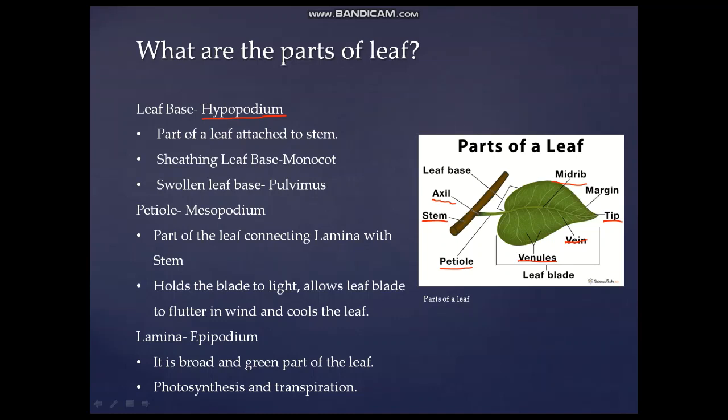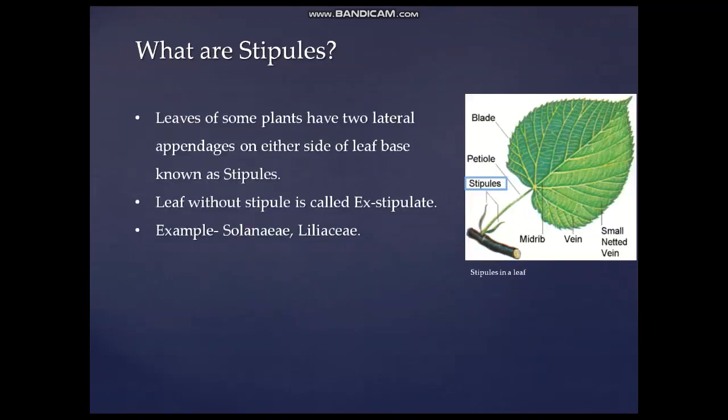After the parts of the leaf, now we come to the stipules. So what are stipules? Stipules are the two lateral appendages on either side of the leaf base.